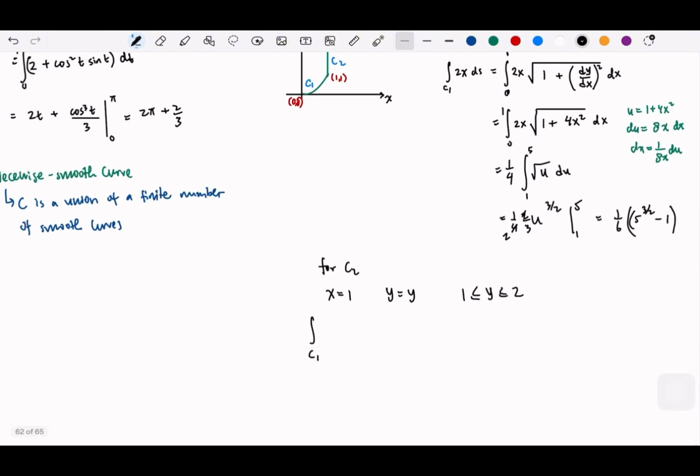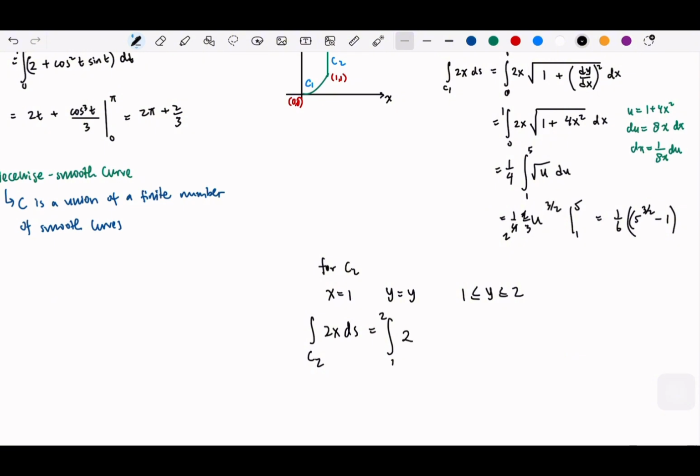So the line integral for C2 is the integral of 2x ds from 1 to 2. I will take it with respect to dy.